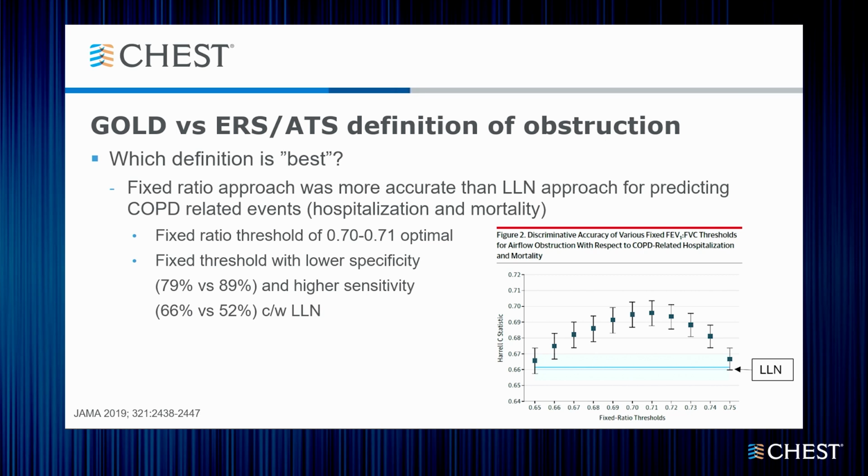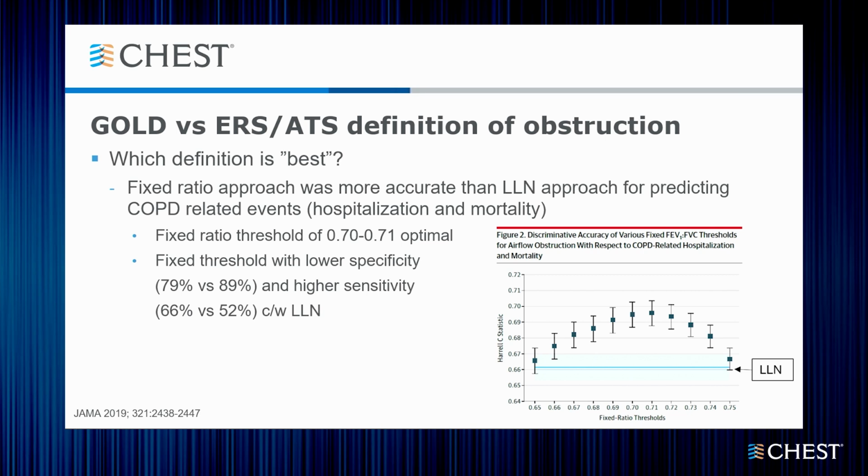They basically asked which predicts the important COPD-related events, which were hospitalization and mortality. And they used the Harrell C statistic. So they looked at various fixed thresholds between 0.65 and 0.75 and compared them with a statistically defined lower limit of normal.